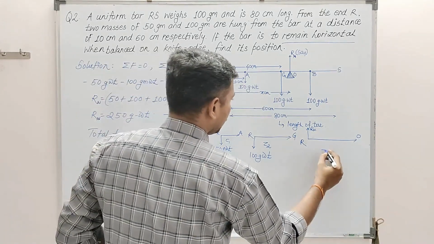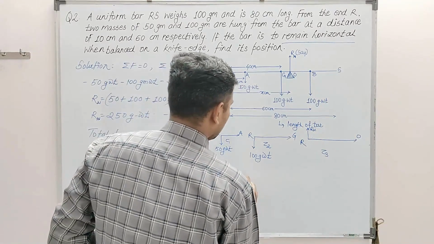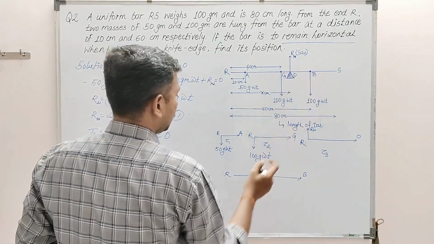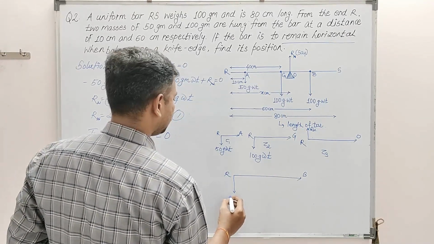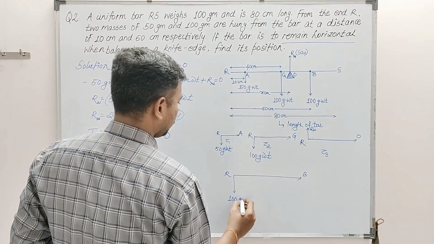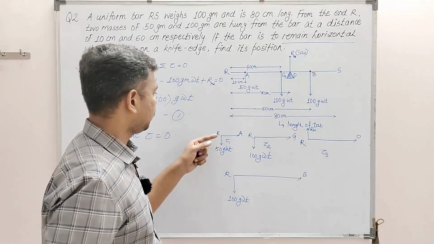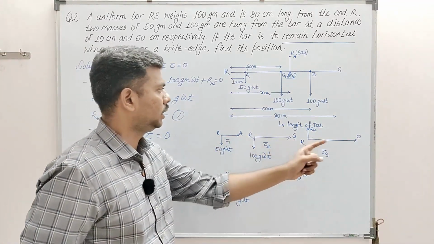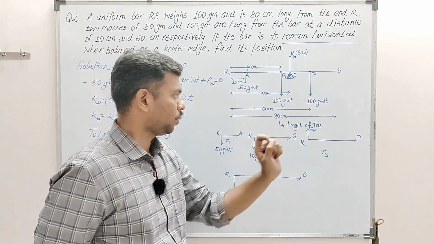Now in this case we have torque 3, and there is one more torque, which is from the position vector RB, and the force acting on point B is 100 gram Wt. Now you will be surprised that I am drawing this arrow at R only, not at A, not at G, not at O, even though it is actually acting at that point.